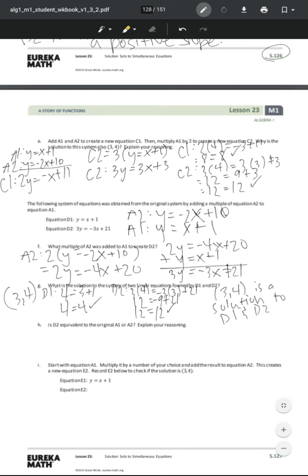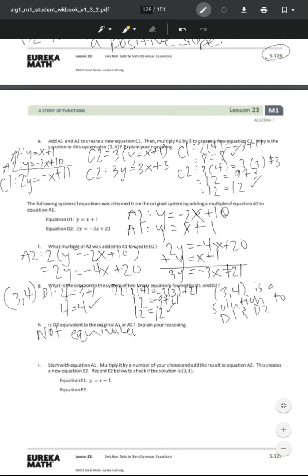So part H says, is D2 equivalent to the original A1 or A2? D2 is not equivalent.